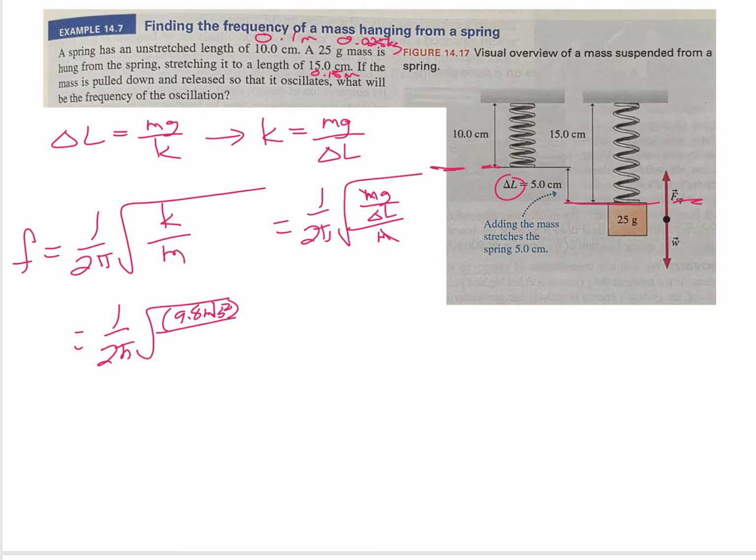What is our delta L? 0.05 meters. That's the delta L right there. Okay, what do we get?